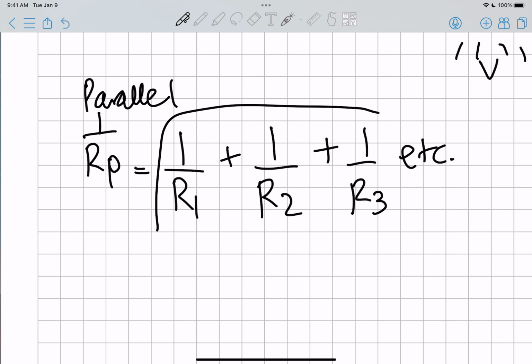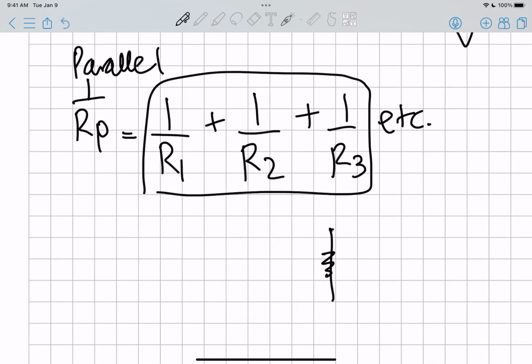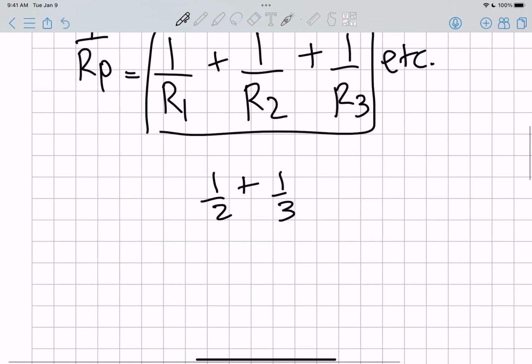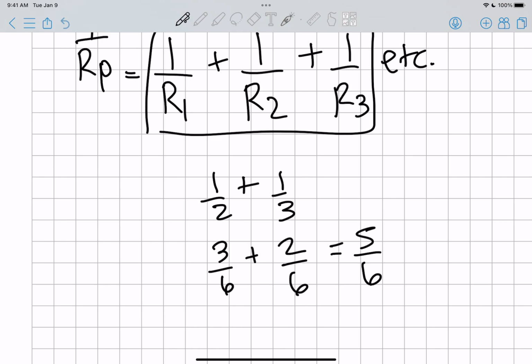So if I added all of this up, like if I had, let's say, 2 resistors in parallel like this, right? This is 2 ohms, and this is 3 ohms. It would be 1 over 2 plus 1 over 3, and then whatever sum I get from that. So 1 over 2 plus 1 over 3: this is 3/6, this is 2/6, this is 5/6, right?